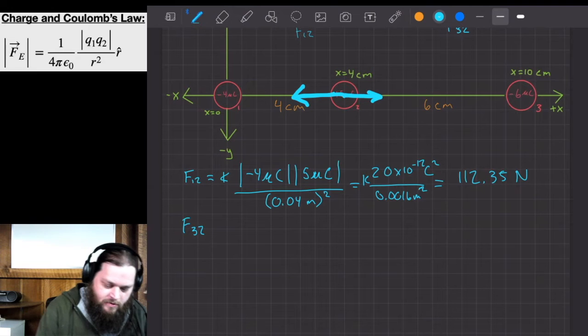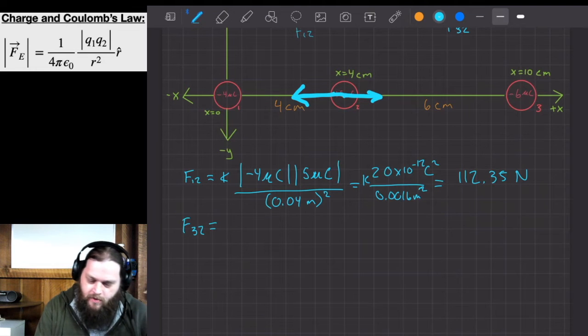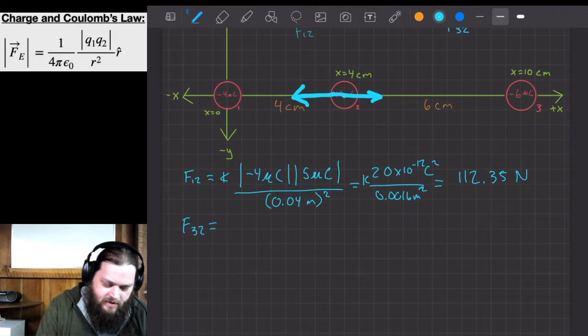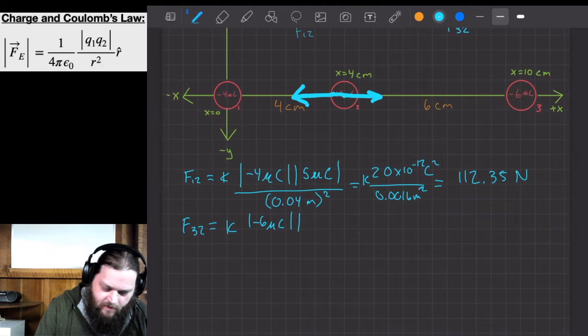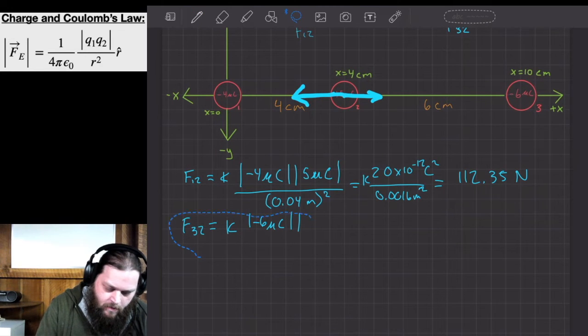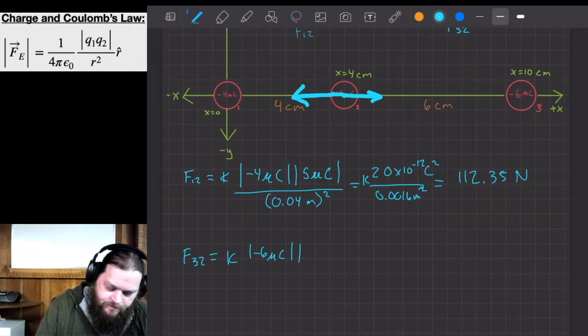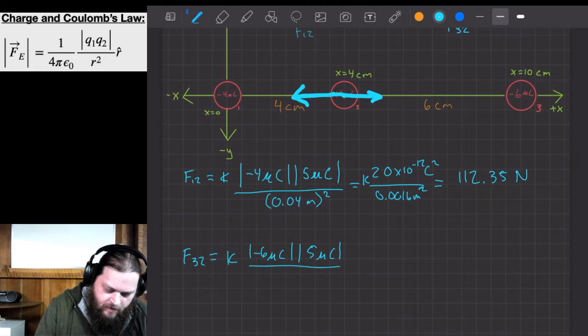Okay, so doing the same thing now for the force from 3 to 2, we have k times the absolute value of negative 6 microcoulombs times the absolute value of 5 microcoulombs divided by 0.06 meters squared.